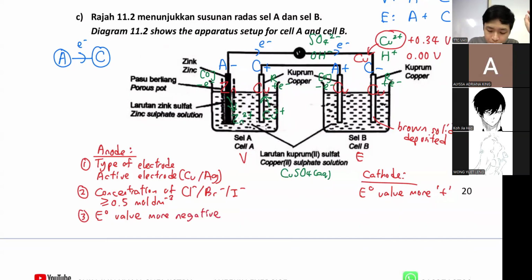So you already know, you check what electrode they use. Do they have copper? Yes. So it means you don't choose the ion because you got the first factor secure.